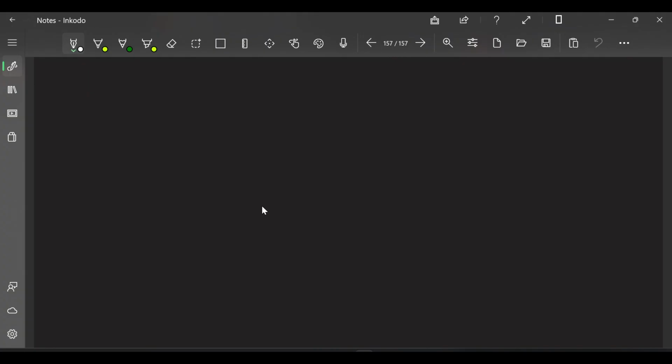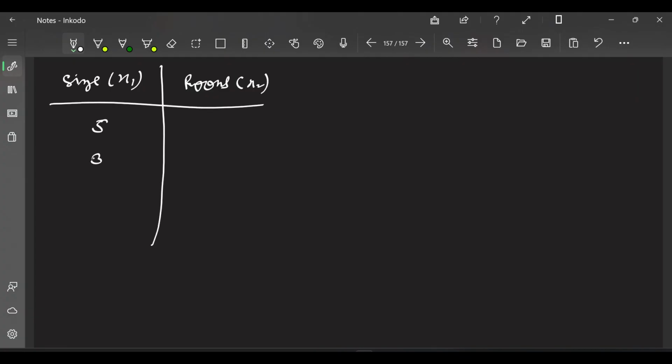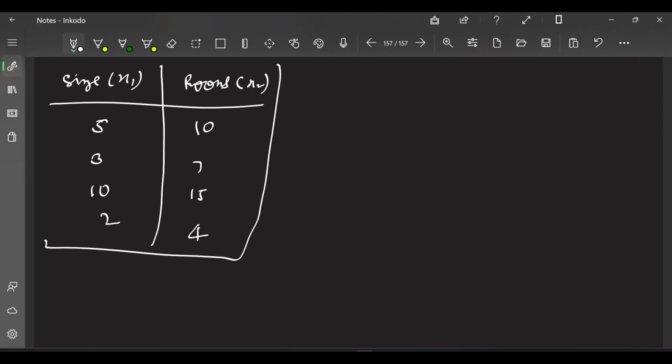Suppose one example I am giving you: size, which is x1, and rooms, which is x2. The data is given as 5, 3, 10, and 2, and along with the rooms 10, 7, 15, and 4. You are asked to calculate the PCA.